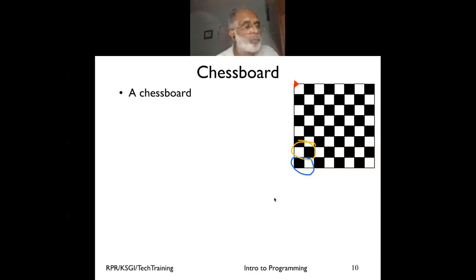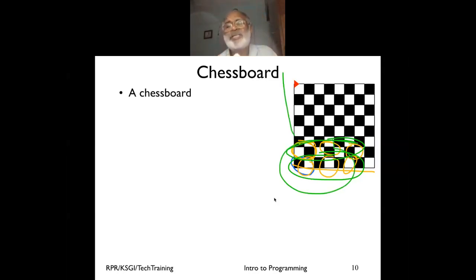So one function to do black and white, one function to do white and black. Now if you look at the bottom row, I can repeat black and white 4 times. In the upper row, I can do white and black 4 times. So I can define a black and white row, and a function called white and black row. And then the 2 rows together repeat again. So find what the repeat pattern is, and then keep repeating. Then it becomes a lot easier.